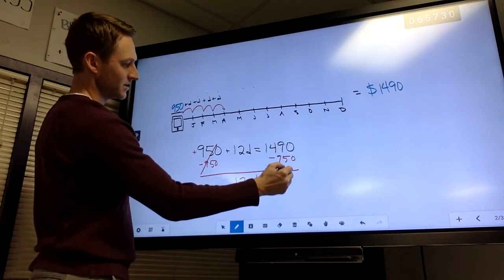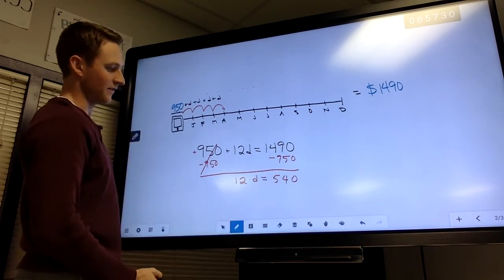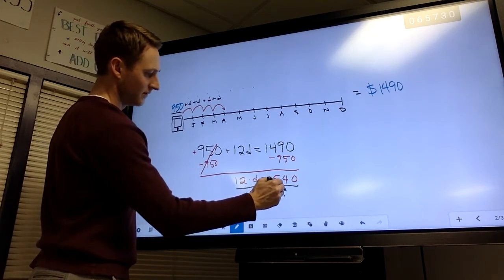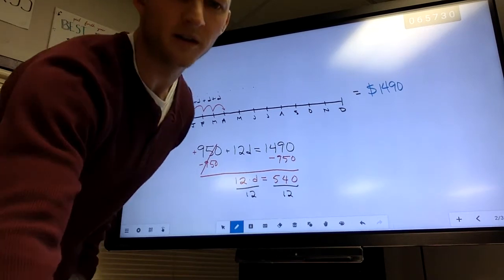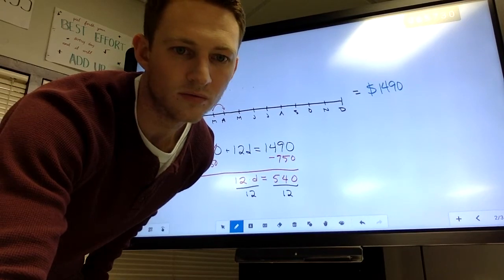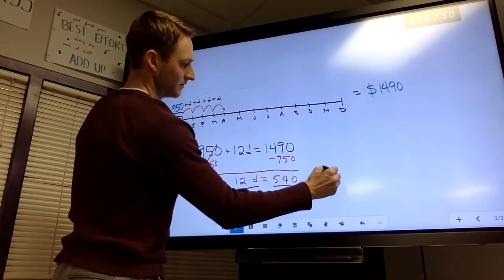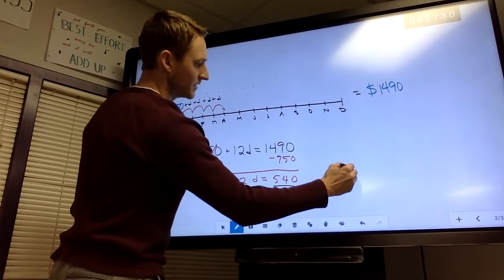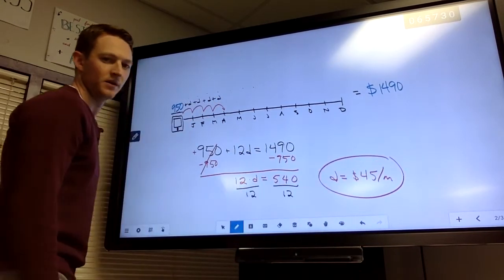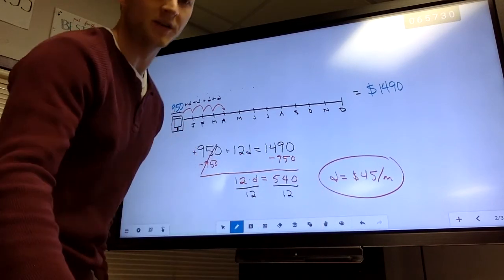Let's do some subtraction. 0, 4, and 5. So we got 540. And now we're going to divide by 12. And I don't have a calculator. Let me check my notes. Our data payment is going to be $45 per month. Okay, so on top of this $950, we also have to pay $45 per month.